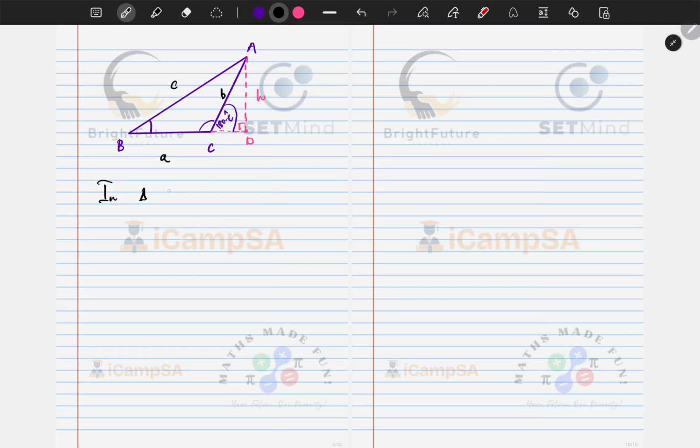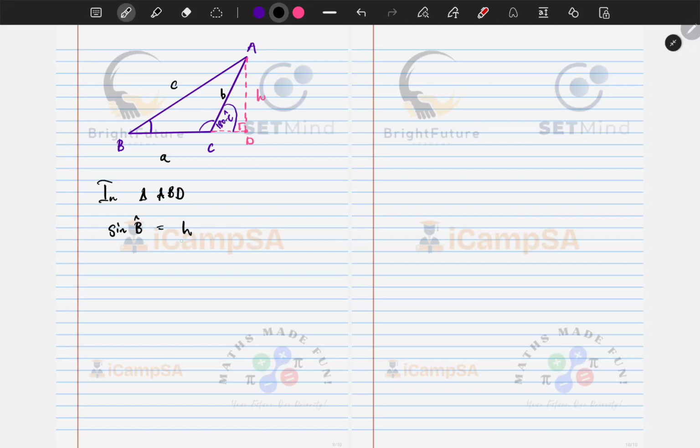So in triangle ABD, the sine of angle B is going to be equal to, what is opposite?